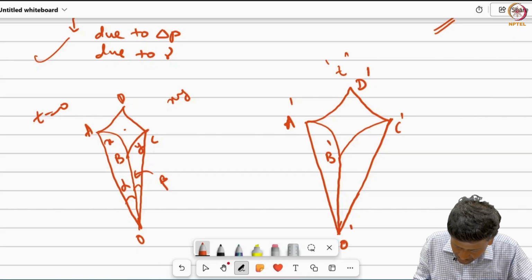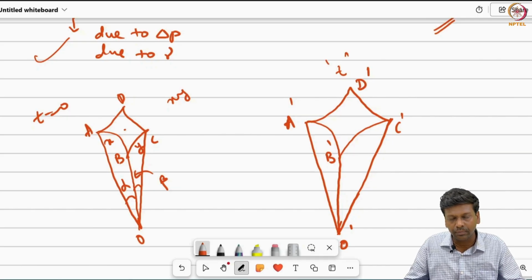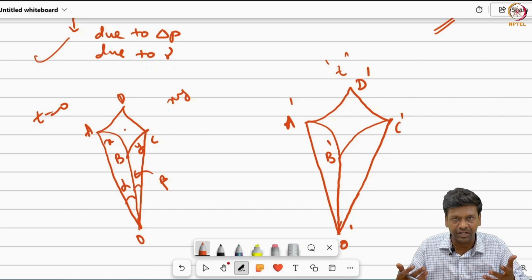So in this case, what we assume is that when there is a change in area, or there is displacement with respect to the curvature because of the pressure force and surface tension force, what we try to propose is that they increase or decrease, but they change proportionately.